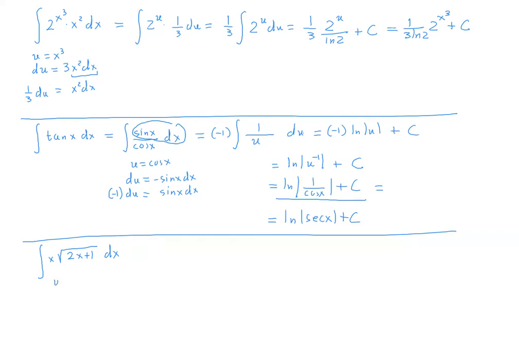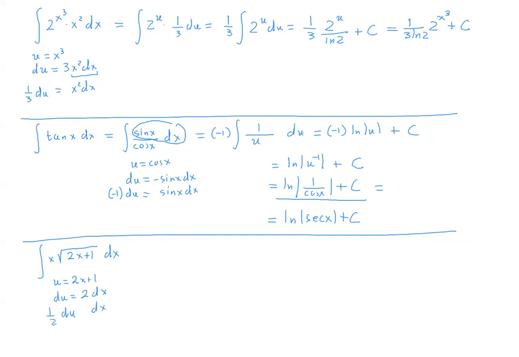So what we do is we set u to be 2x plus 1, and du is going to be 2 times dx, or dx is going to be 1/2 times du.